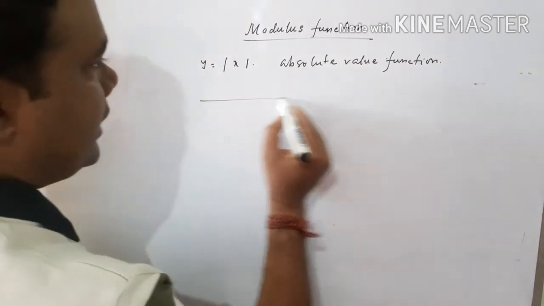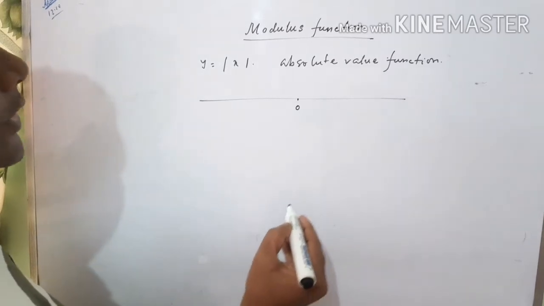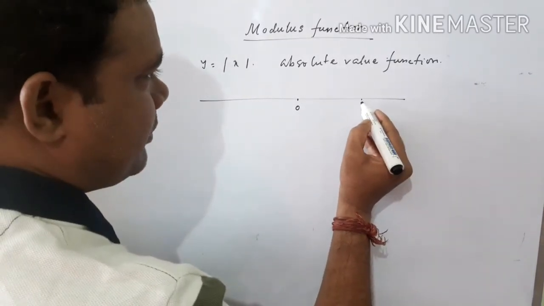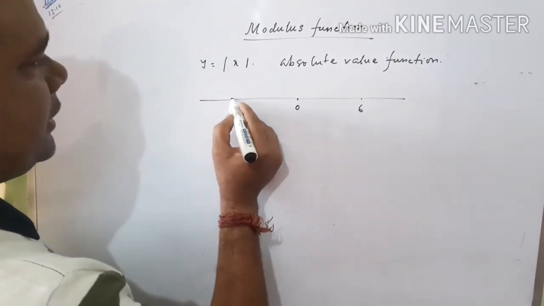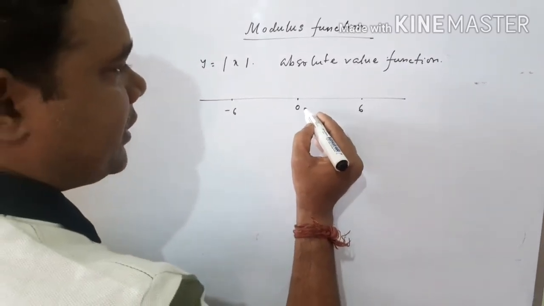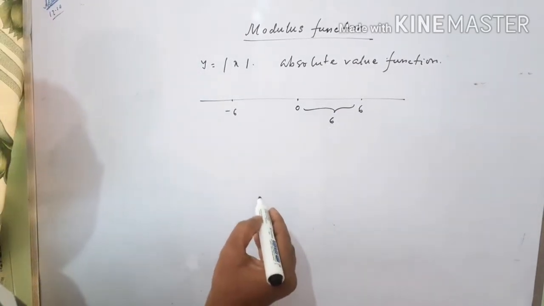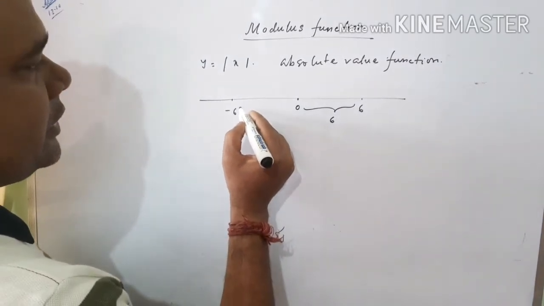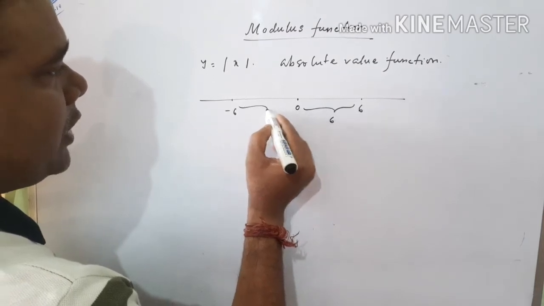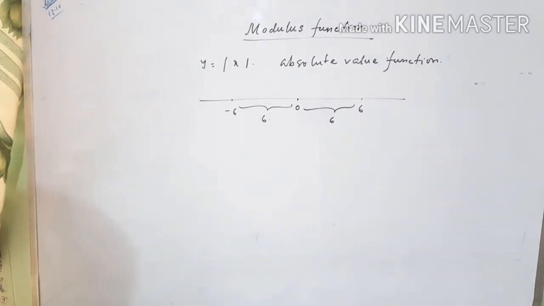Let us draw the real line, and here is the point 0, here is a point 6, and here is a point -6. So what is the distance between 0 and 6? We know that it's 6 units. Similarly, the distance between 0 and -6 is also 6 units. Clear?